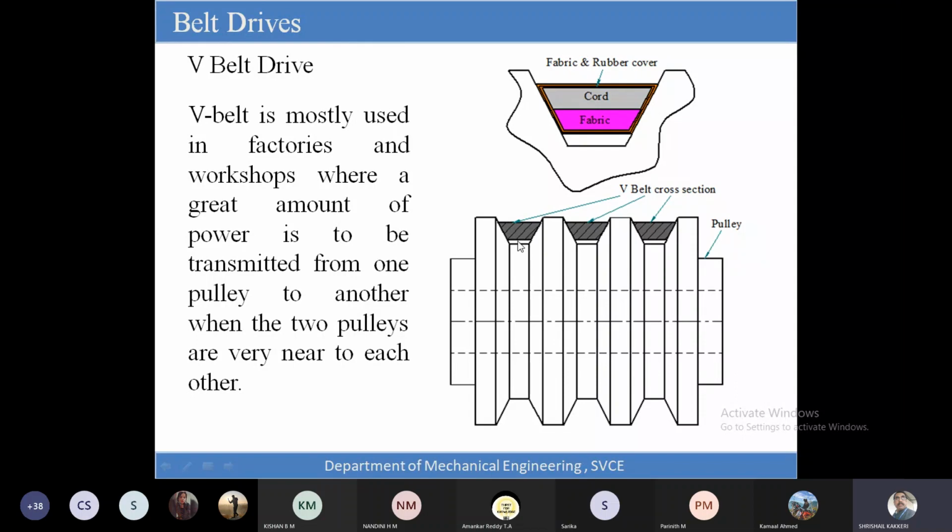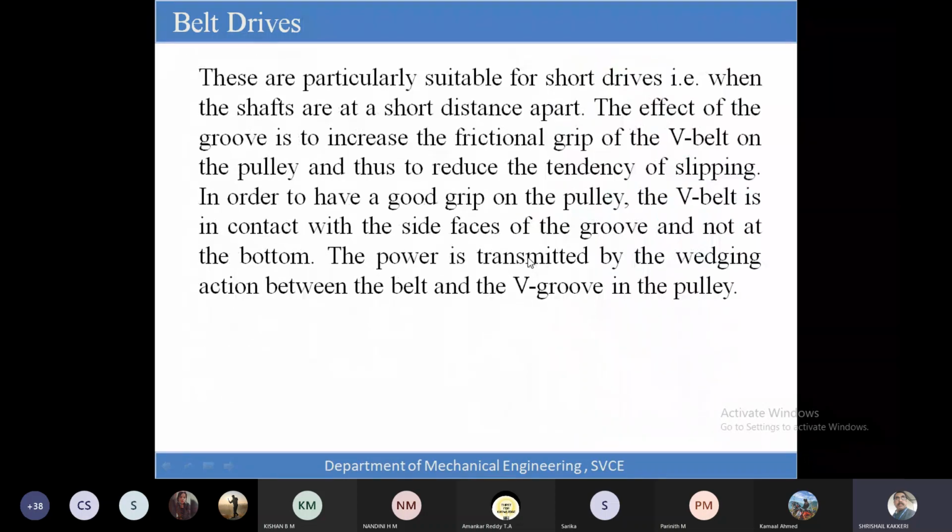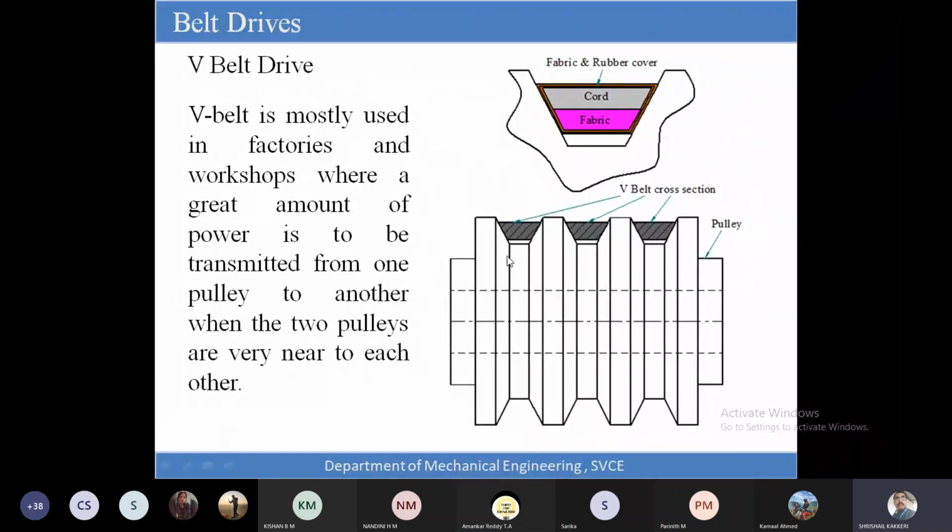The V belt has this particular V groove, and due to this narrow section, the available cross section gives maximum gripping surface, so that there will be maximum friction between the pulley and the belt, so that even with the initial torque it can run at maximum. One more thing: the cross section of this belt is a trapezoidal section, and the bottom portion of this is not touching the pulley. If it were touching here, there would be interlocking of the belt with the pulleys, so that is avoided.